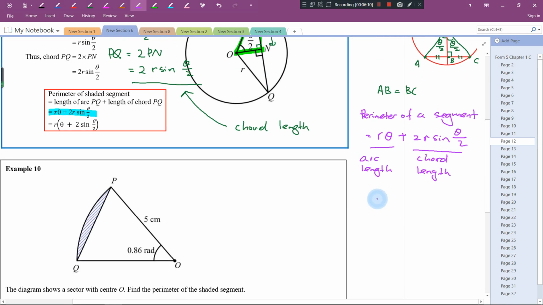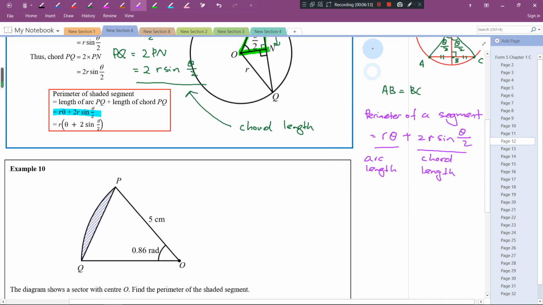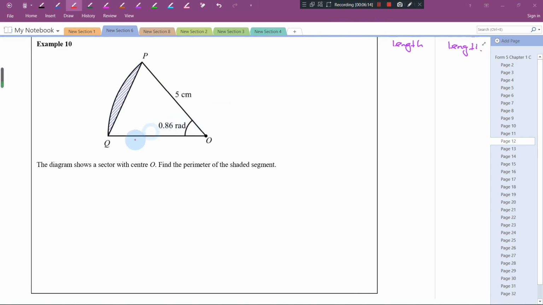Now let's try a few examples. The diagram shows a sector with center O. This is the center of the circle. Find the perimeter of the shaded segment. It means that we want to find the length here plus the length here, right? This is r theta, let me write over here.